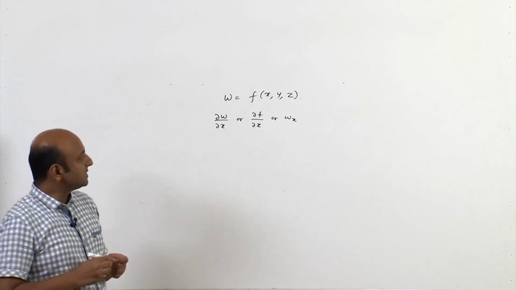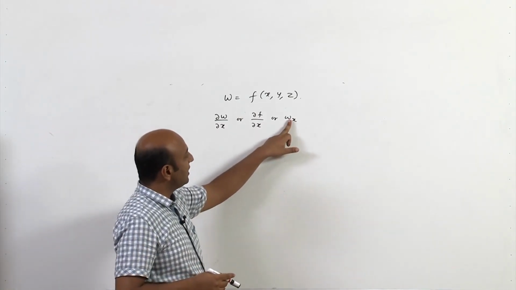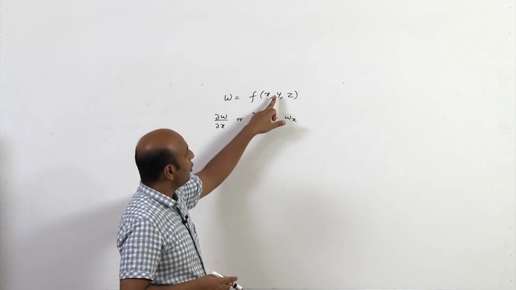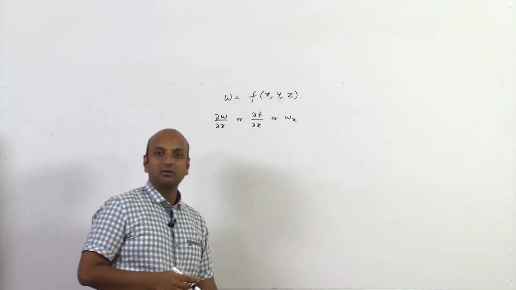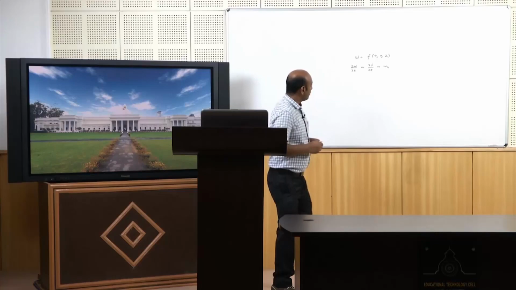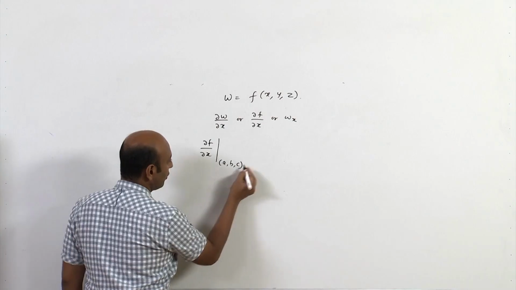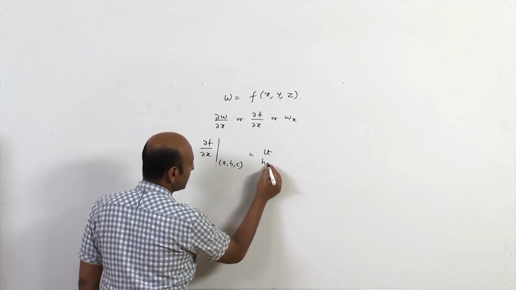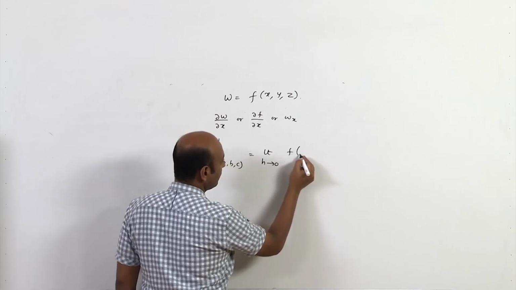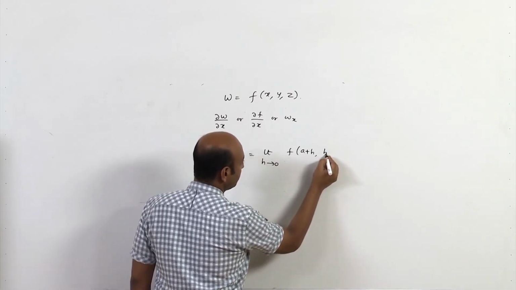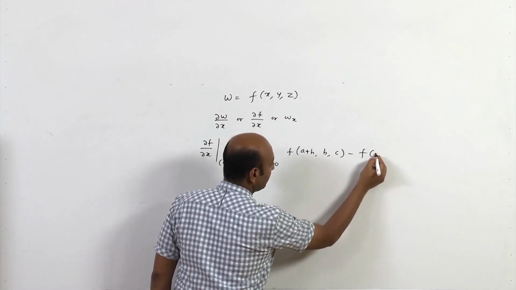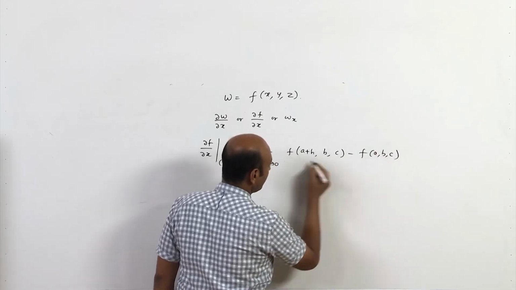So, this simply means we are treating x as a variable, and all other variables as constant, okay. Suppose you want to define del f upon del x at some point, say a, b, c. So, how can I define this? It is limit h tending to 0 of f of a plus h, b, c minus f of a, b, c upon h.